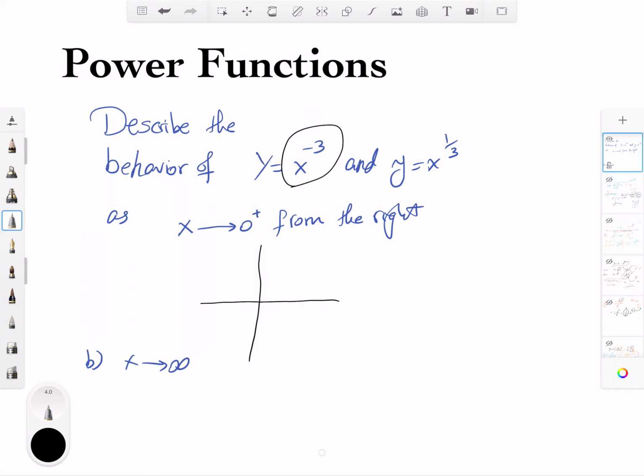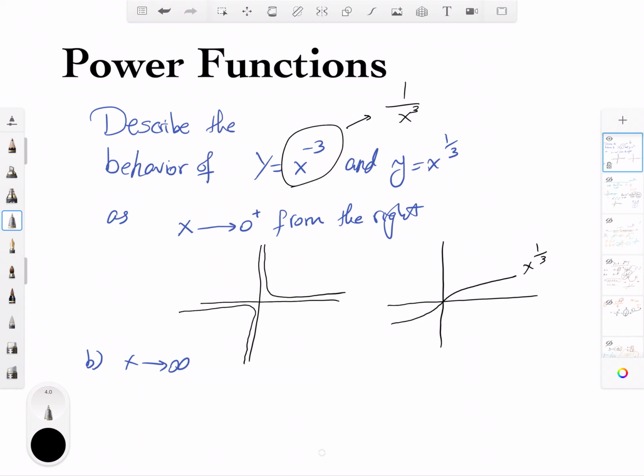X to the power of negative 3, this is the same as 1 over x cubed. The graph looks like this. And x to the power 1/3, the graph will look like that. This is the same as the cube root of x.